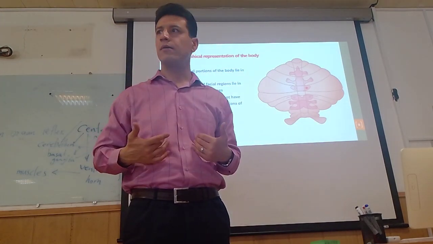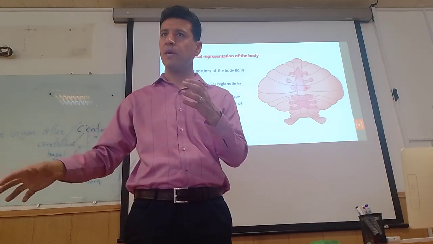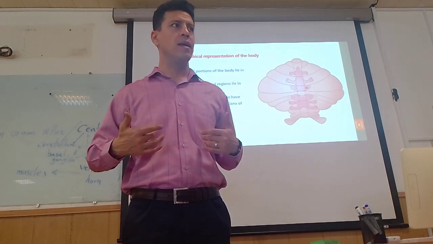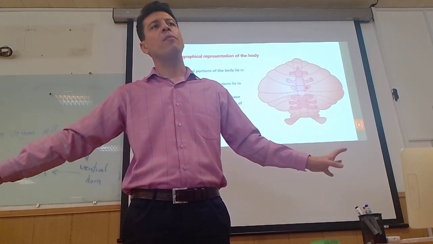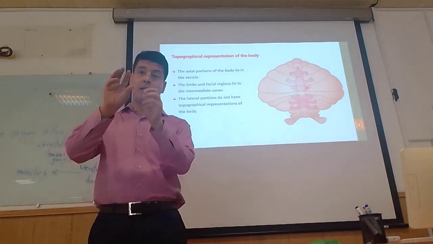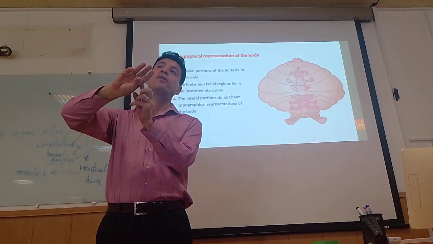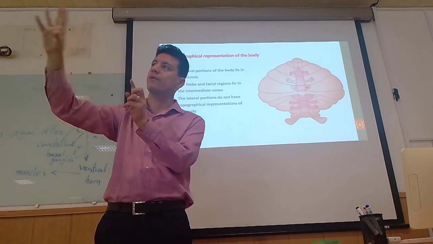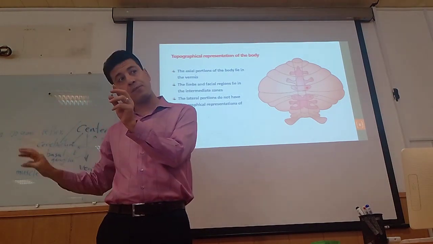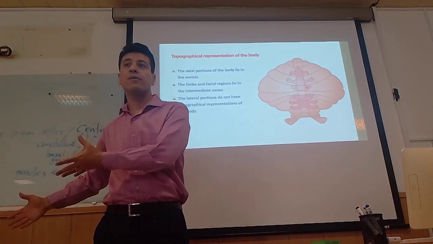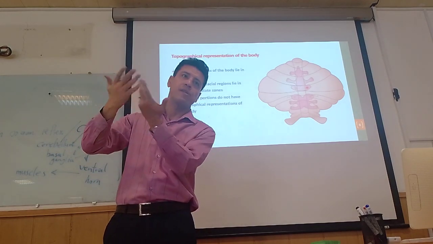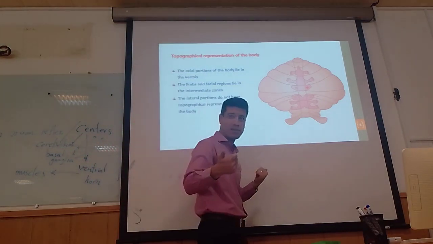The truncal area in the vermis receives information from the truncal part of the body, the muscles. The limb areas receive information from the arms and legs. So these maps are connected with their respective maps in the cerebral cortex, red nucleus, and other motor centers, and also to the corresponding areas of the body. So they receive sensory information and motor information. Then they compare these two, right? Did you get this?